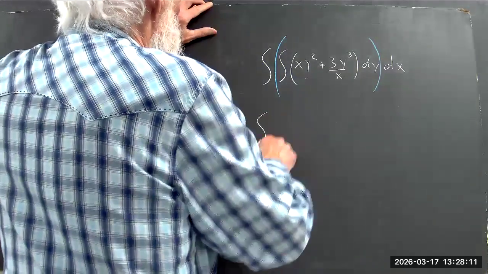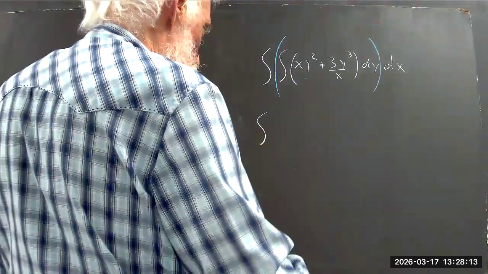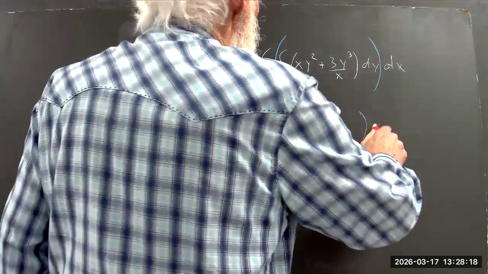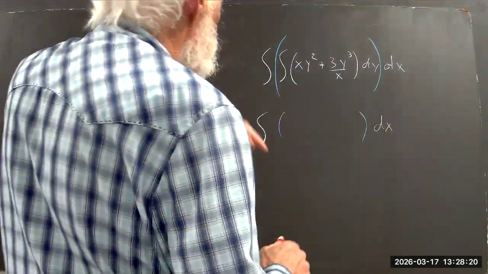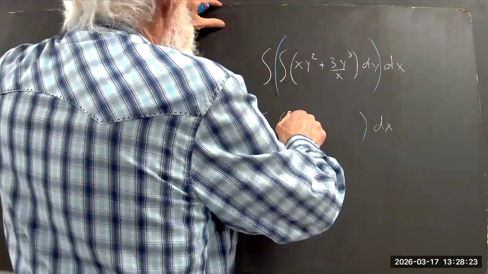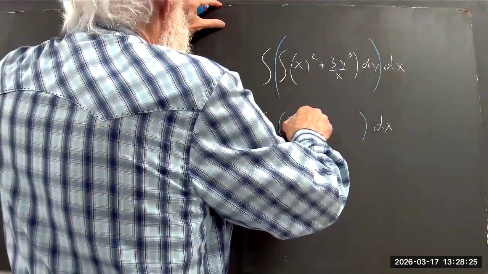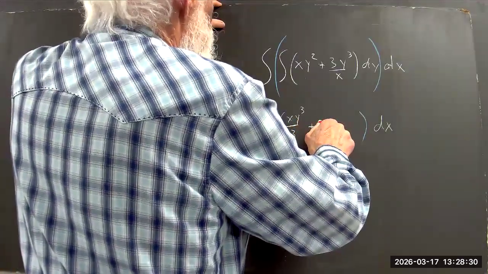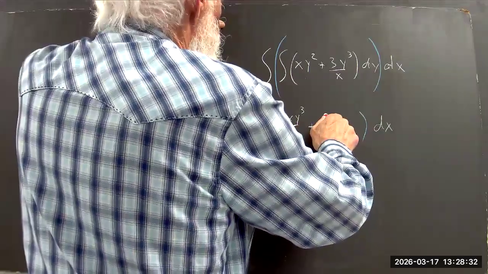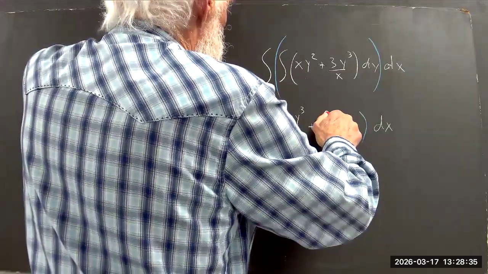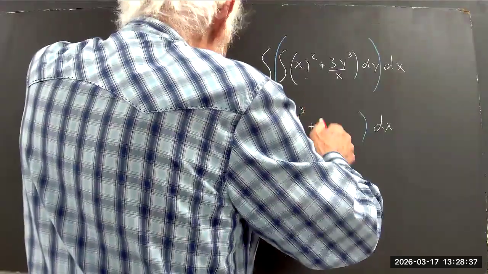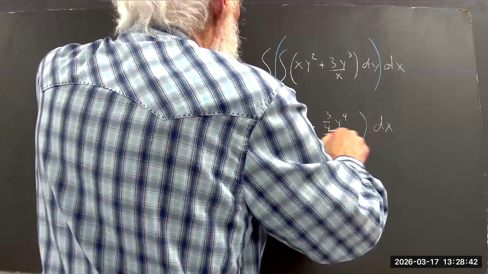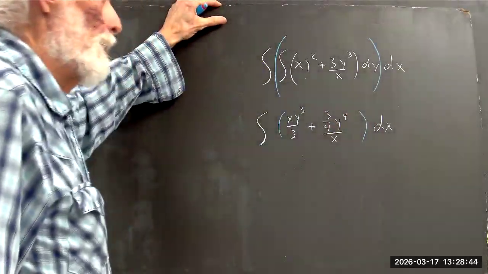So this gives you the integral of, I'll use parentheses, of the quantity integrated with respect to y, it's going to be x y cubed over 3 plus 3/4 y to the 4th over x.